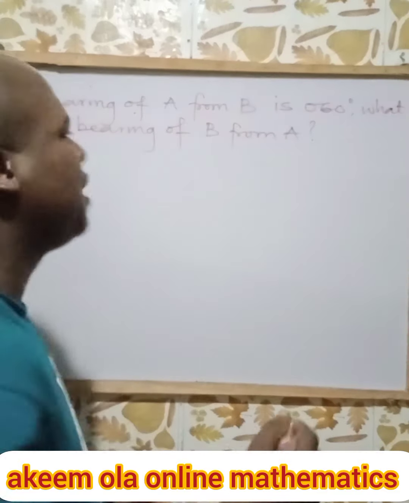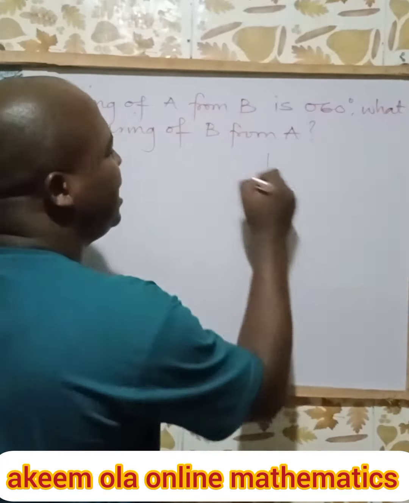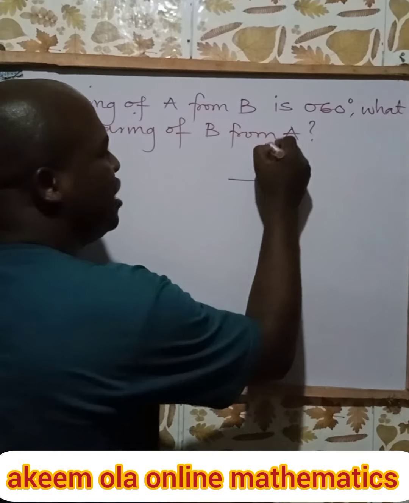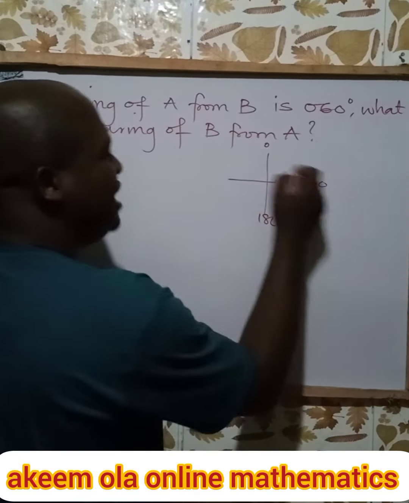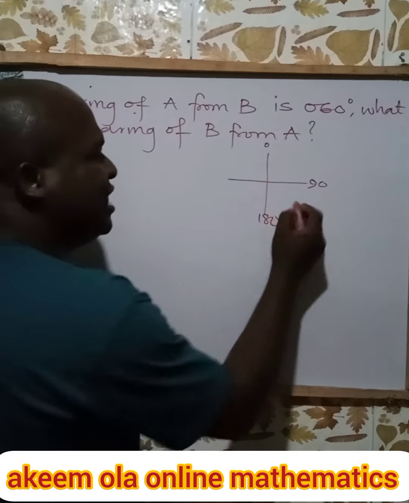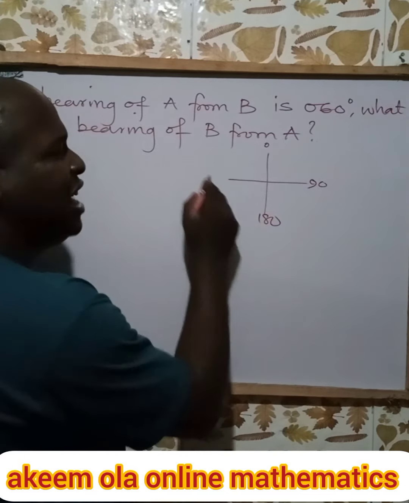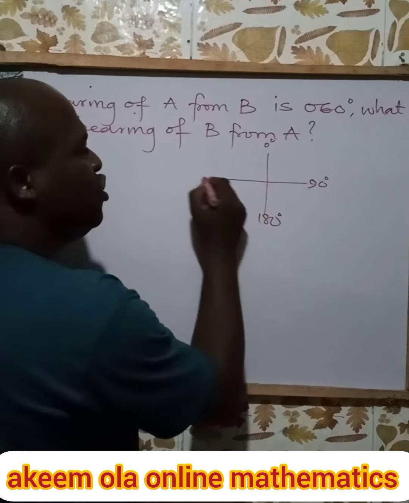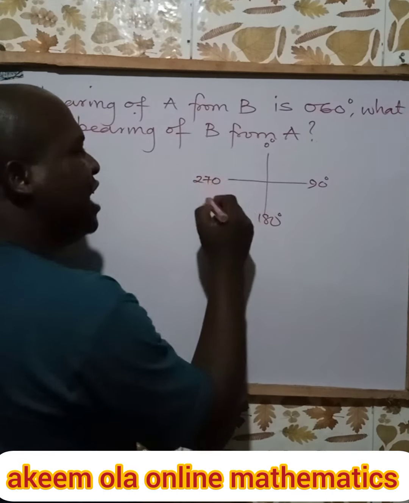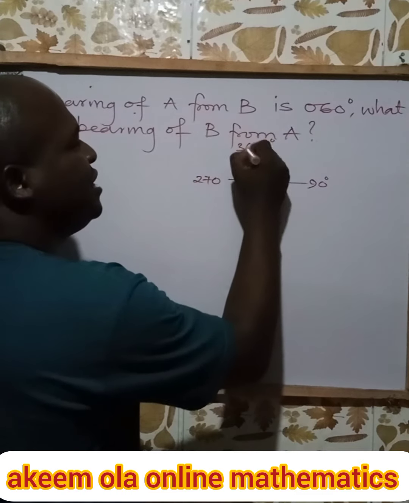When I say cardinal point, I mean something like this: 0, 90, 180. Add 90 to the 0, you have 90. Add 90 to 90, you have 180. Add 90 to 180, you have 270. All these are angles. Then add 90 to 270 again, you have 360.